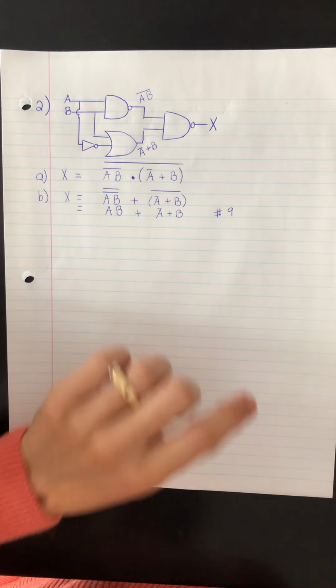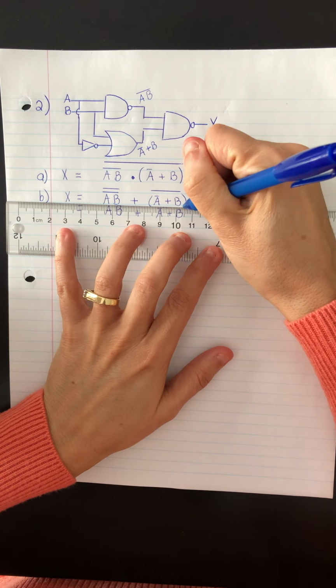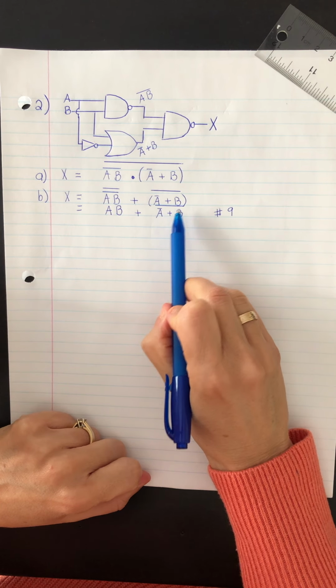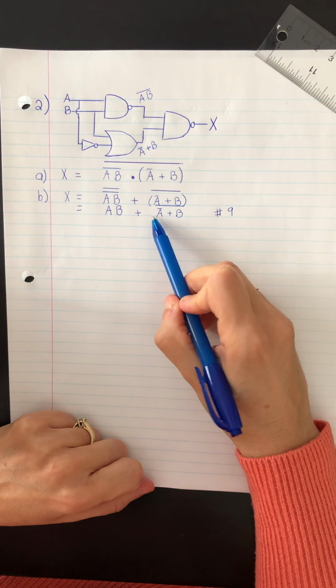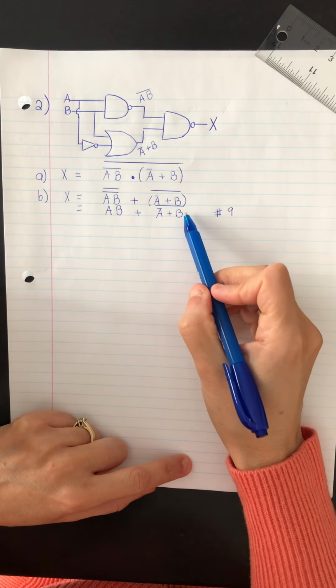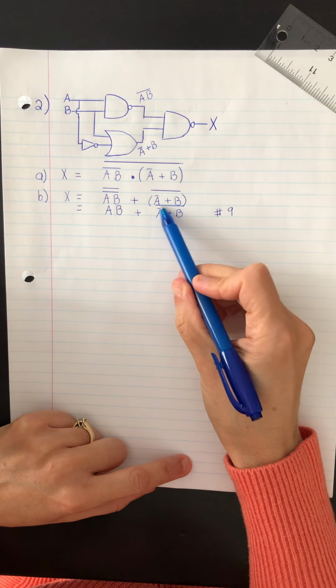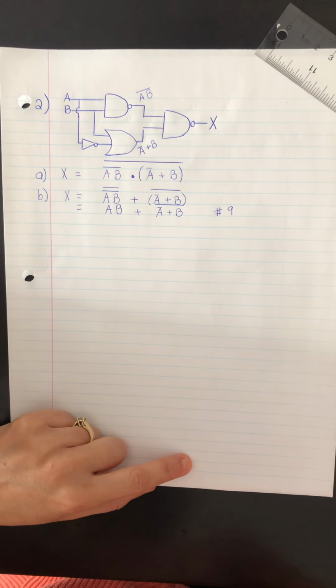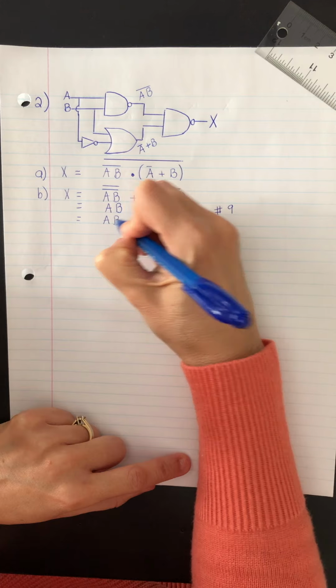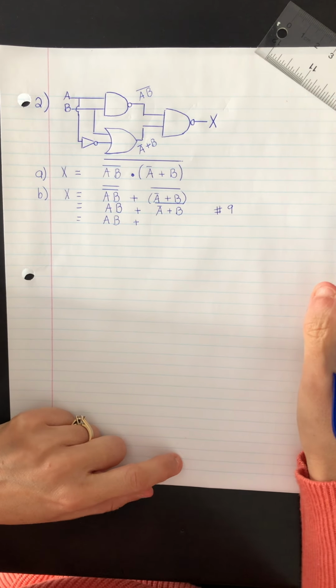But I will point out that when you do have this long bar over top of the sum, you don't strictly need that bracket any longer because the long bar serves as a bracketing feature anyway. Now in this next step, I am going to use De Morgan's law again.